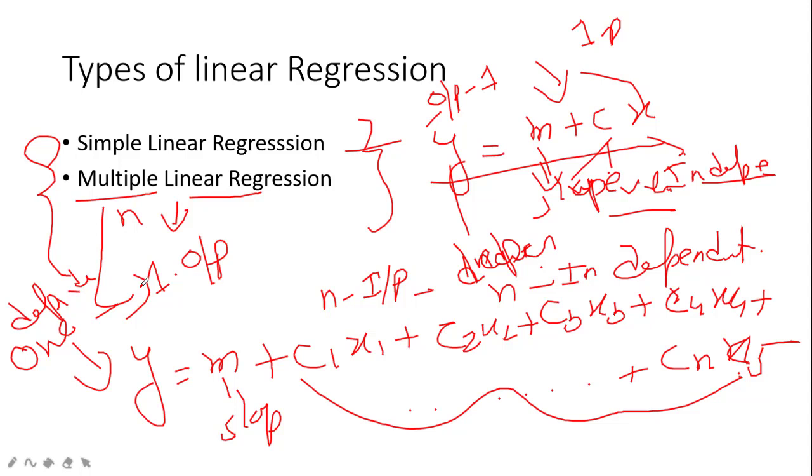With multiple linear regression you have only one output, but n number of inputs. If you have lots of data sets, you can go with multiple regression, which is more efficient. The dependent variable will be one and the independent variables will be many. So these are the two types of linear regression.